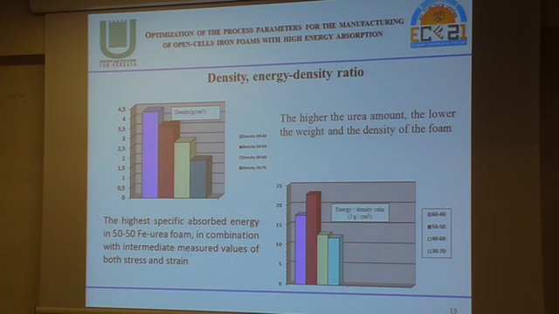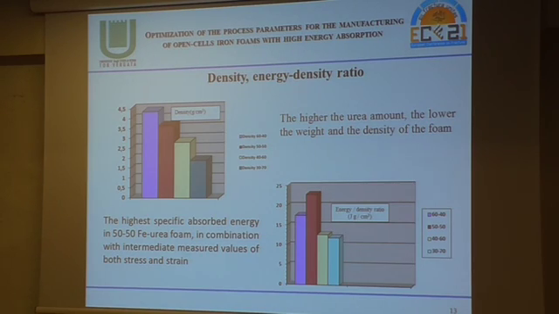The higher the urea amount, the higher the porosity, the lower the weight, the lower the density of the foam. But the highest specific absorbed energy was found in the 50-50 iron-urea foam in combination with intermediate measured values of both stress and strain. So if we put a greater amount of urea, we have lower density of the foam, but in the comparison of the energy density ratio, the trend is demonstrated on the graphic on the right side of the slide.